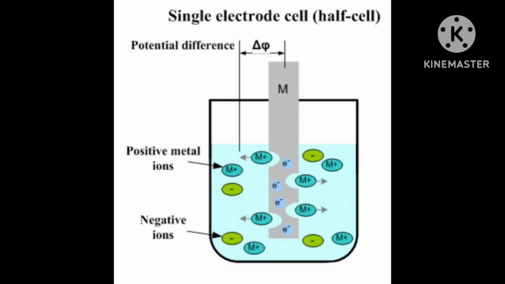Now easily you can calculate. 0.34 for copper, ER minus EL, so 0.34 minus, in bracket, minus 0.76 volt. Both are in volt.